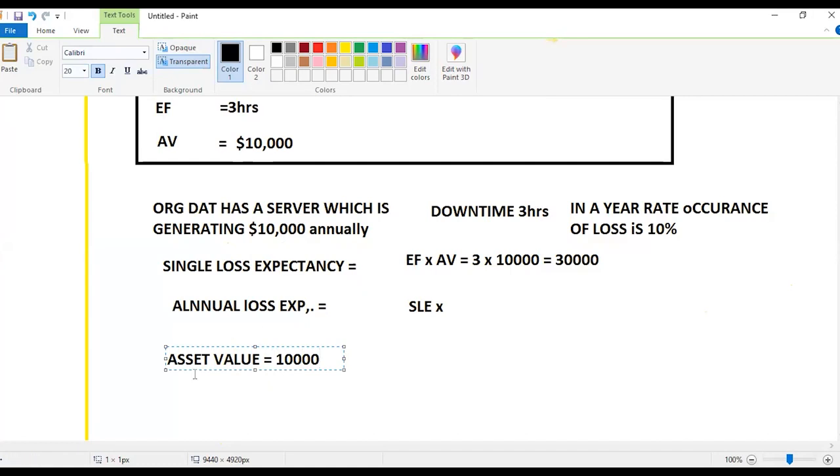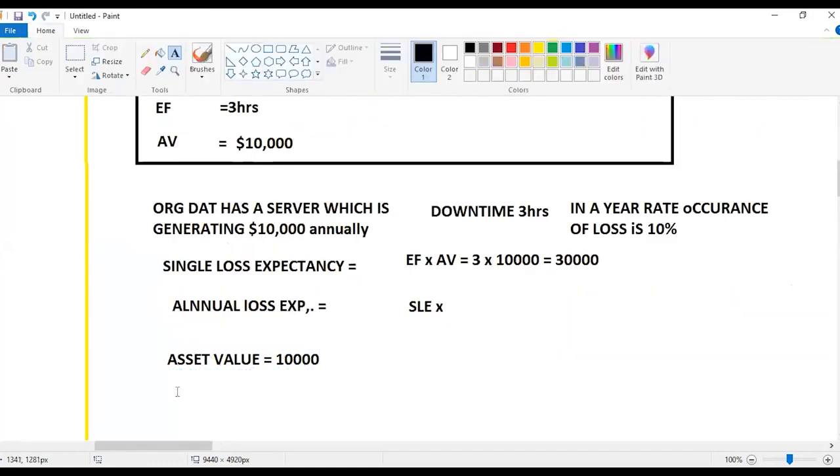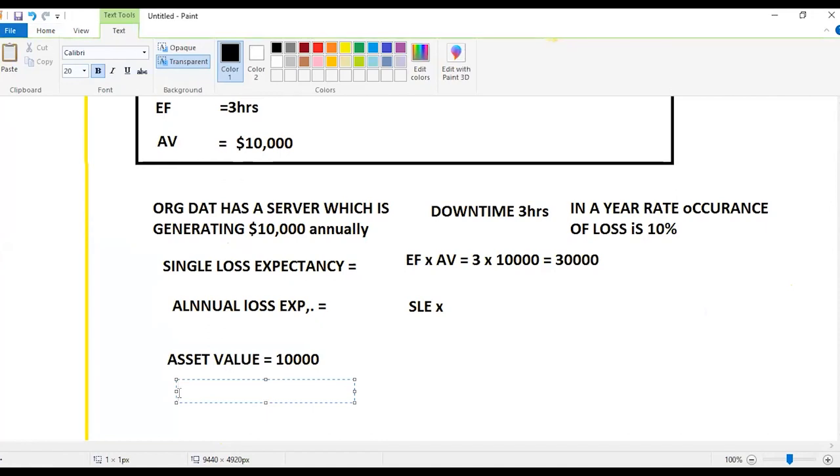So this is going to be our asset value. Exposure factor: how much time our server is in downtime, or in loss. 3 hours.